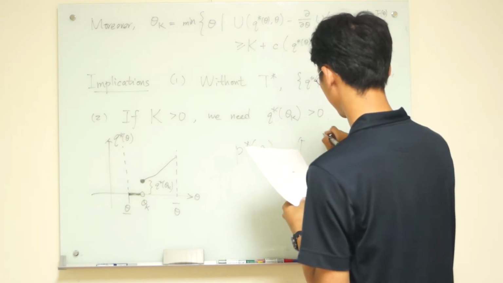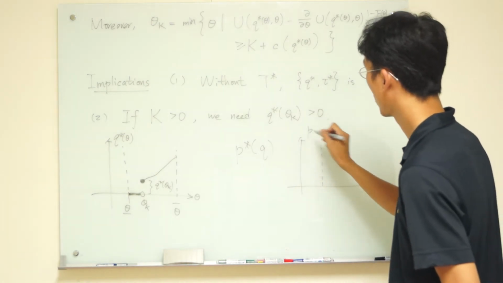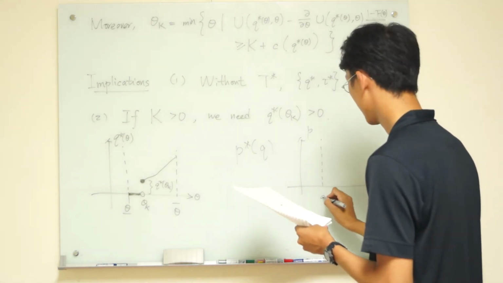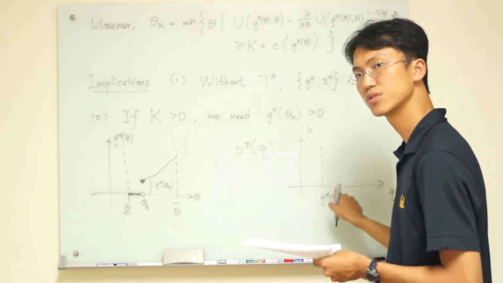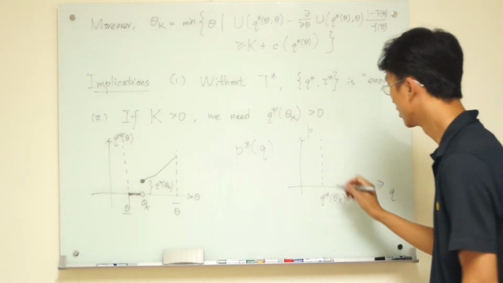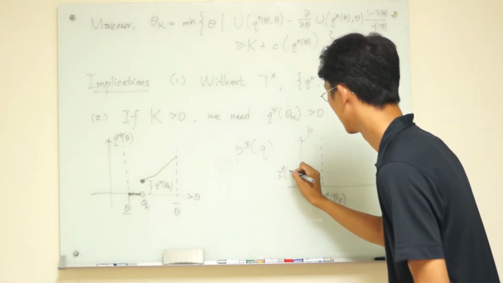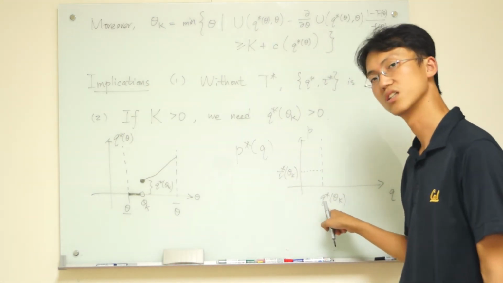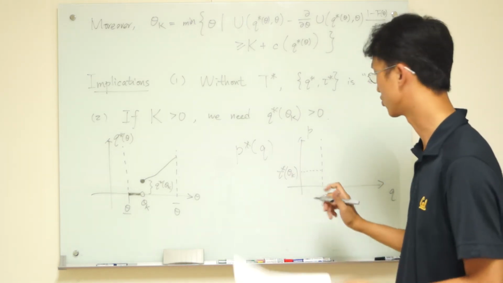You want to ask what's the relationship between Q and the price? Then here, for Q star of theta k, you have a transfer tau star of theta k, right? If I want to eat this amount, I need to pay this amount.